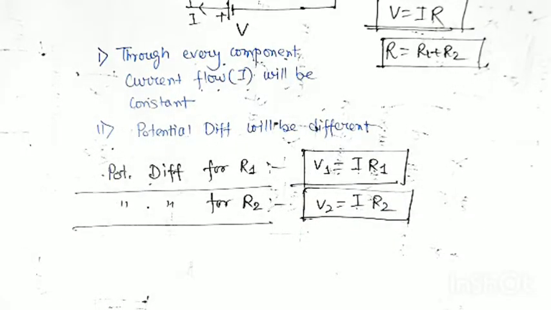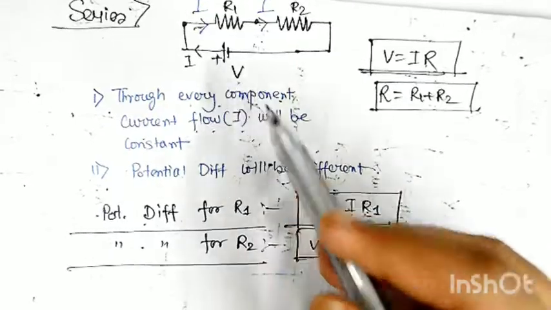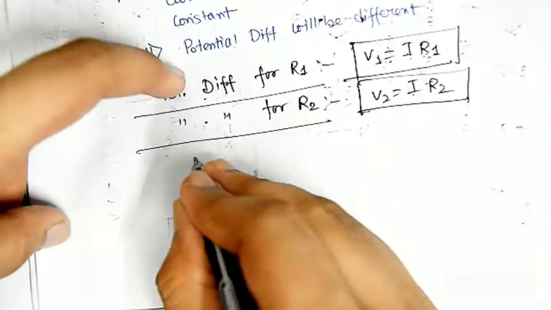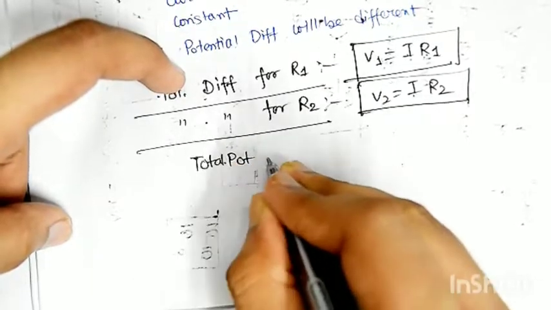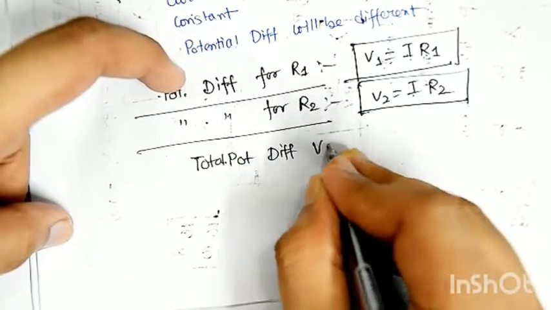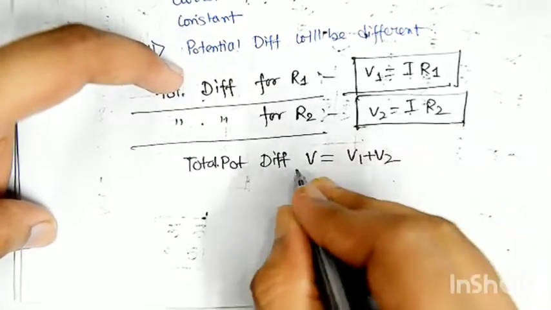So here we have two resistances, and V1 and V2 are their corresponding potential differences. These two V1 and V2 are actually coming from V. So I can say that the total potential difference V is basically V1 plus V2.